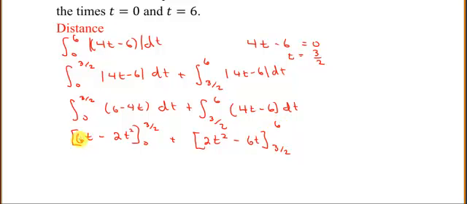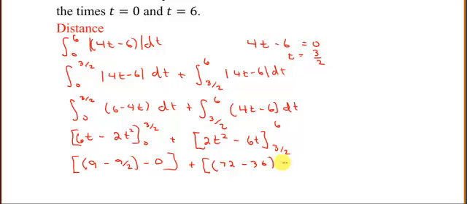Now when I evaluate this at 3 halves, I'll have 6 times 3 halves, which is 9. And 3 halves squared is 9 fourths times 2 is 9 halves, so minus 9 halves. At 0, we'll have 0, so it'll be 9 minus 9 halves. Plus, at 6, this is going to be 72: 6 squared is 36 times 2 is 72, minus 36.